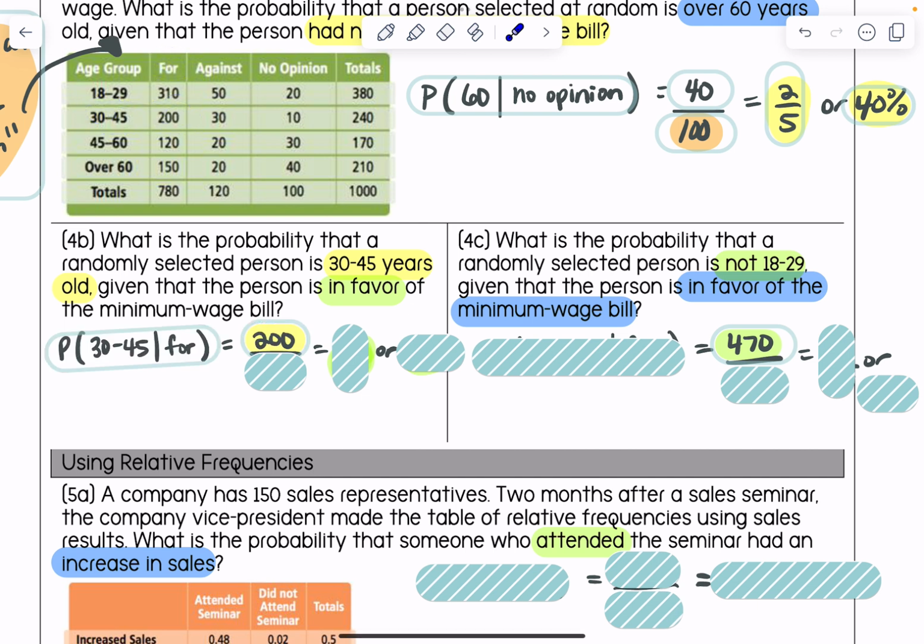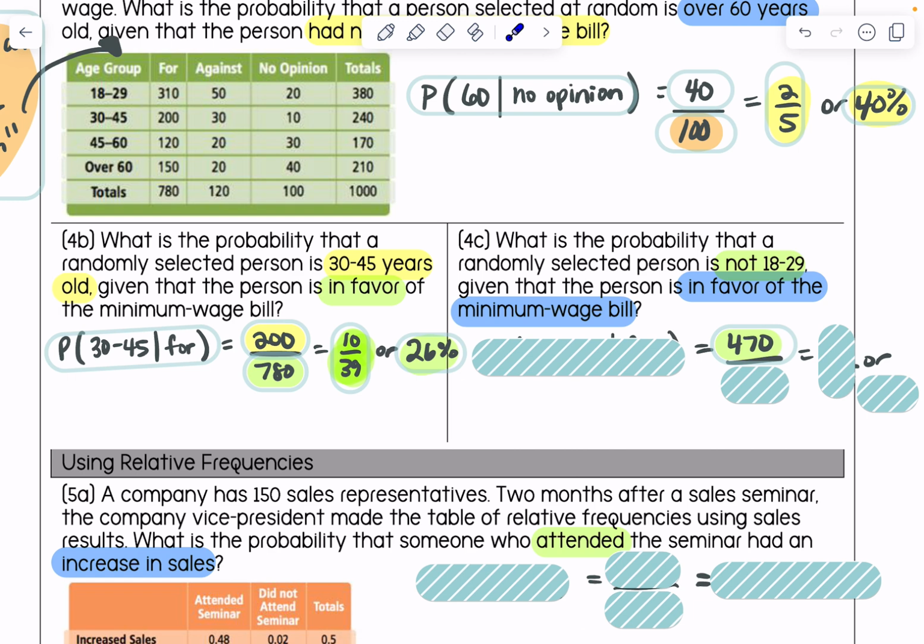And then we see this key word given. The condition after this word, in favor, that's the total we're looking at. So we're looking at the total number of people that are in favor of the bill. That's 780. 200 over 780 simplified as a fraction is 10/39, or multiplied by 100 is 26%.